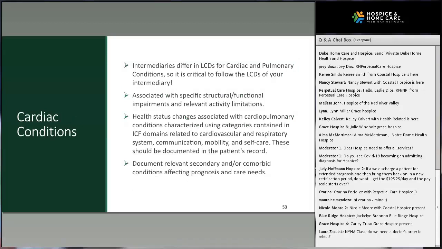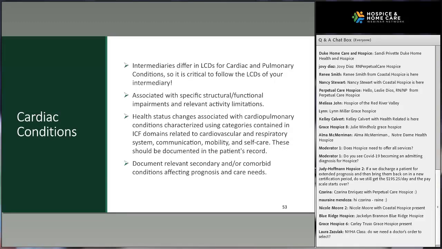So that's Alzheimer's. I'm just kind of briefly touching on a few different diagnoses for you to take a look at. If you have a cardiac condition, this is where intermediaries can differ in LCDs. They can differ for cardiac and pulmonary. So it's important to follow the LCDs of your intermediary.